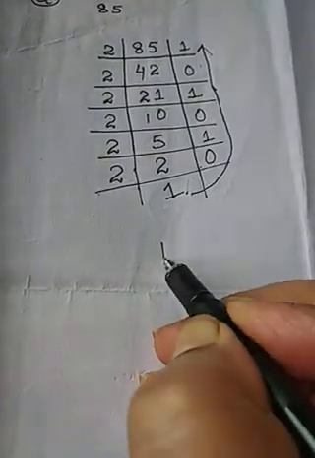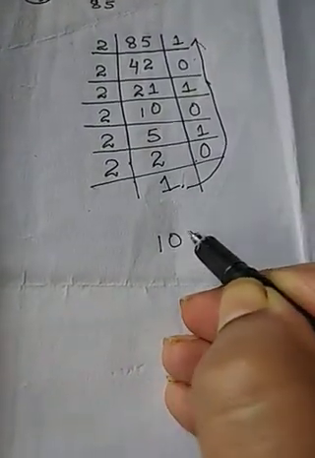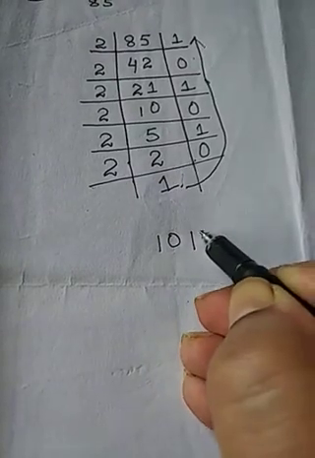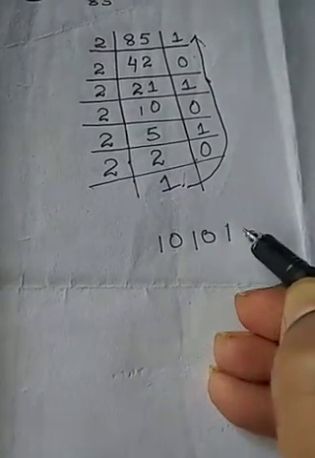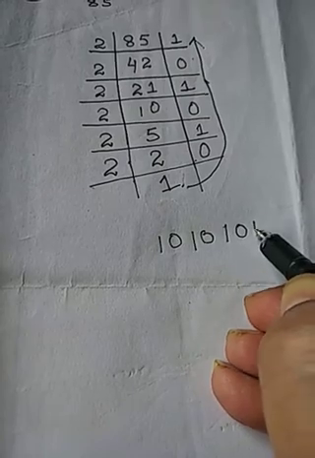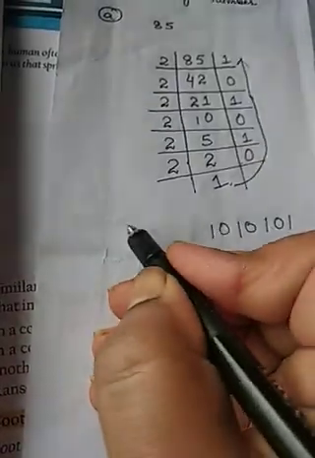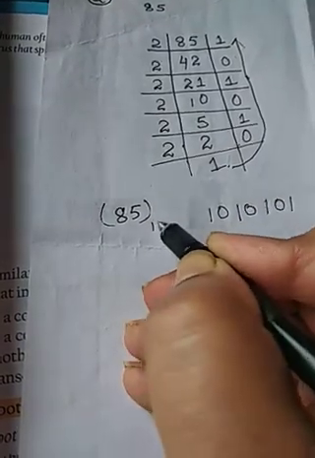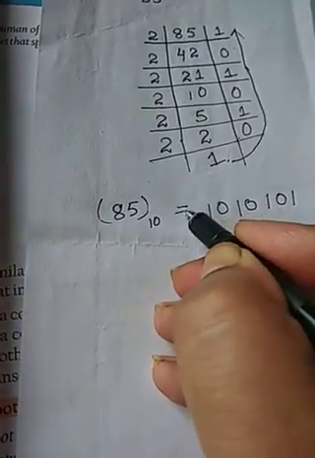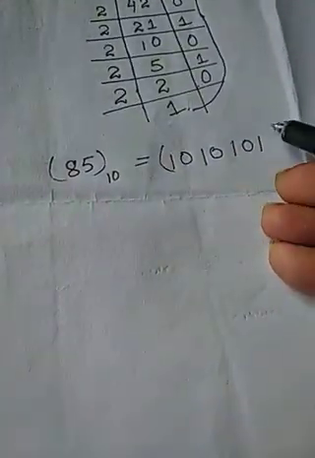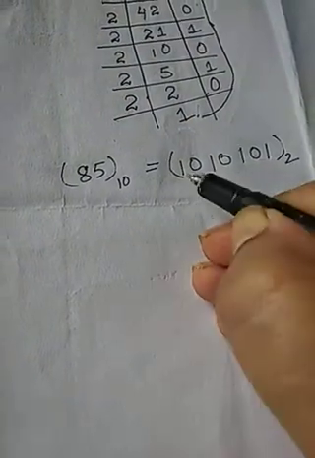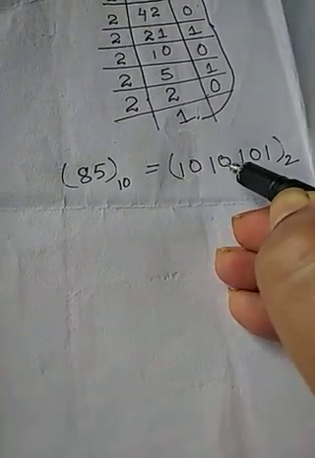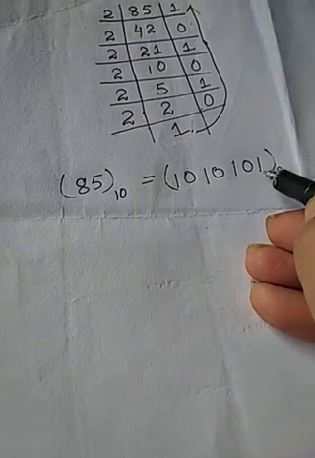It is 1, then 0, then 1, then 0, then 1, then 0 and then 1. So 85, which is a decimal number, its binary equivalent will be 1010101.